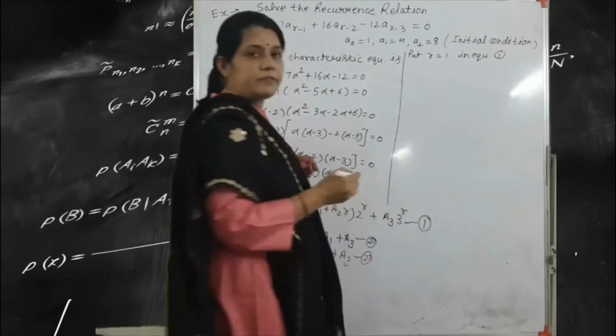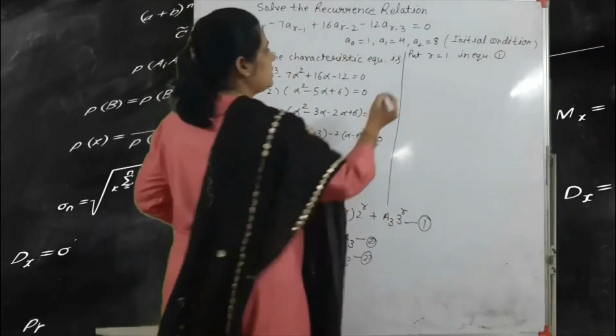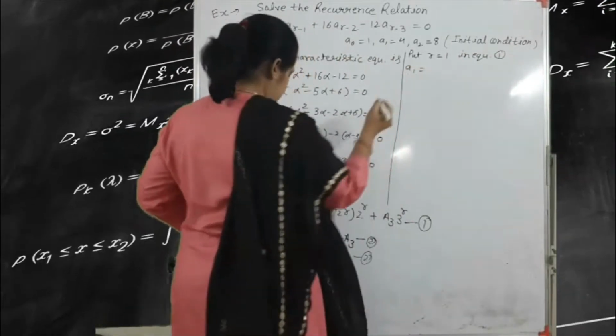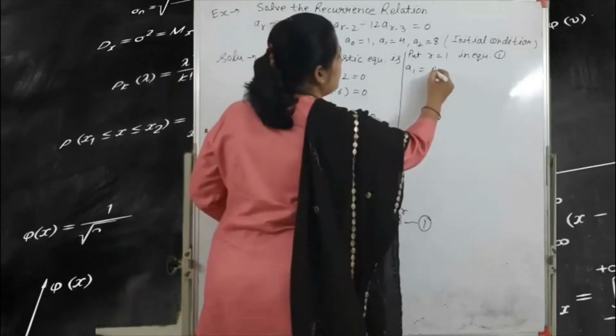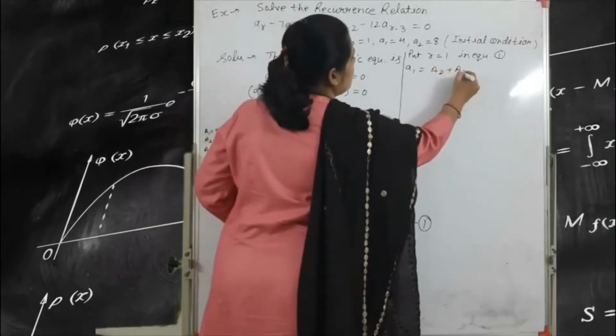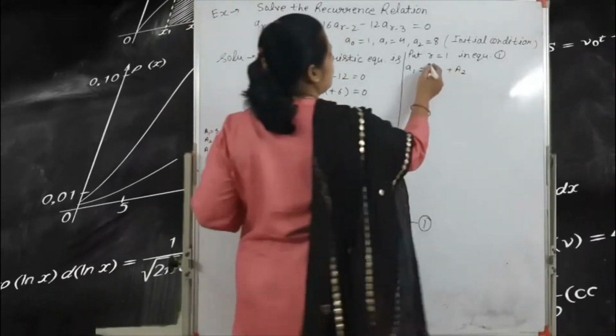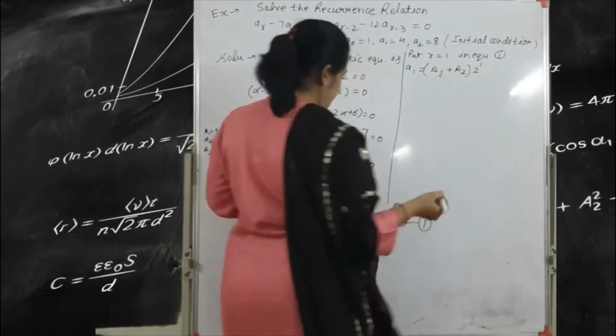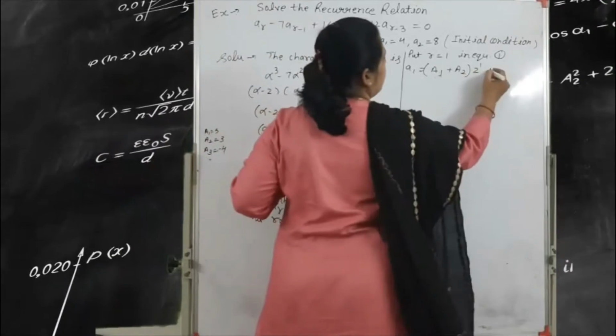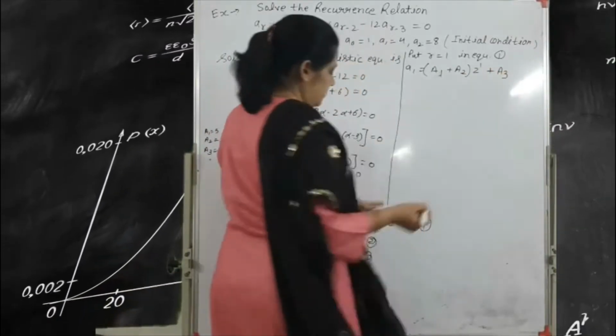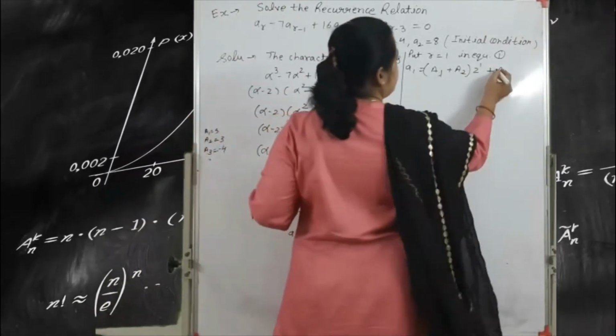In equation 1, put r equal to 1, so a1 is equal to a1 plus a2 times 2 raised to the power 1, plus a3 times 3 raised to the power 1, that means 3a3.